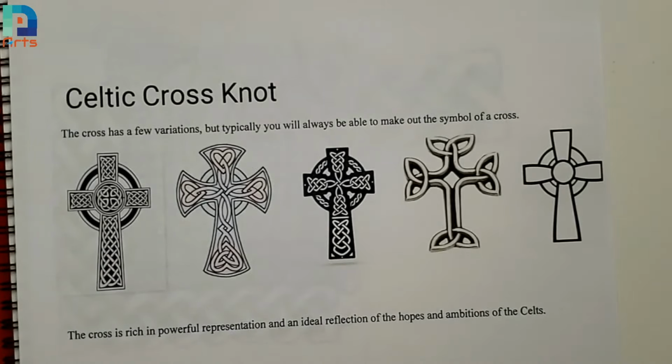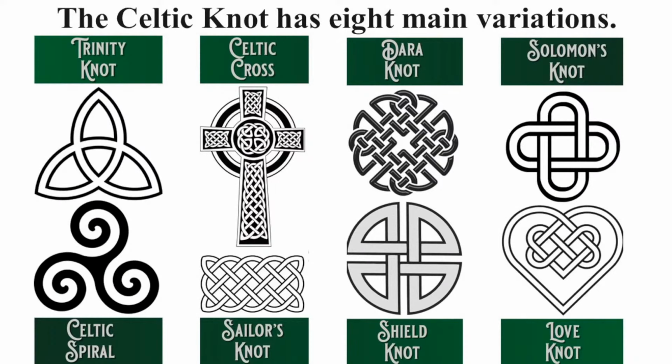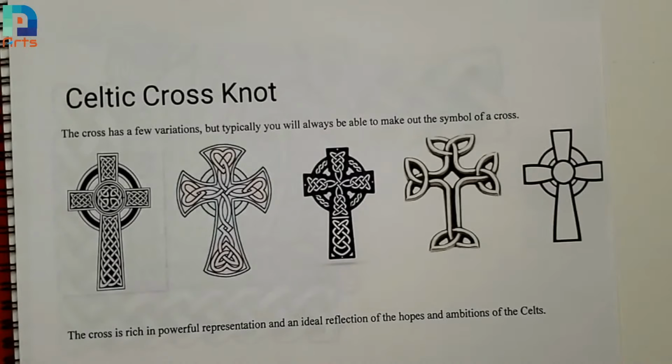So we talked about that there are mainly 8 main variations in the Celtic knots. We have talked about all of them in this session, but there are many more other knots, many more other variations which are available everywhere.